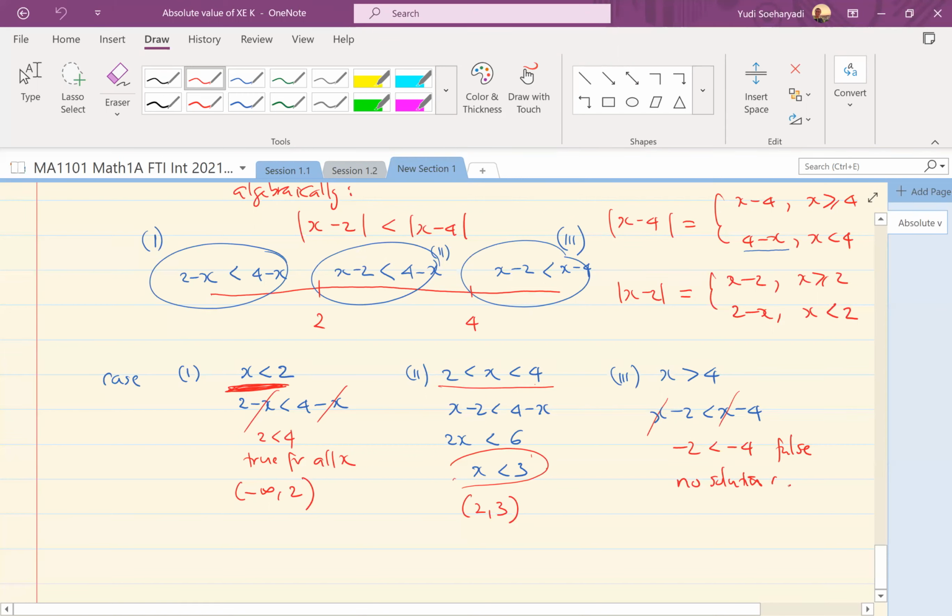If we divide into these 3 cases, there are 2 points left out here, 2 and 4. So somehow we have to include 2 and 4. For example, include 2 here. Okay, so we have this instead.